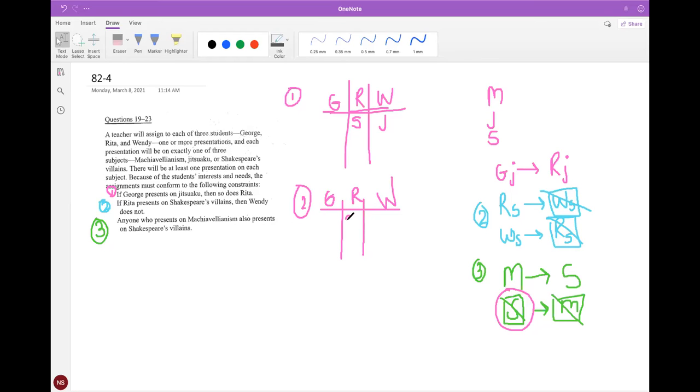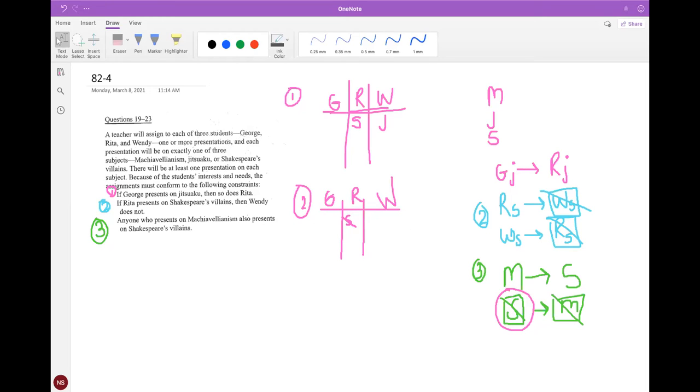In world two, R does not have S. And if R does not have S, what else do we know? W could be S, yes, but what do we know for certain about R?